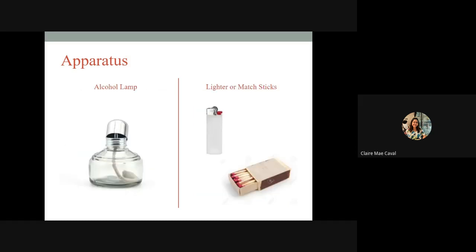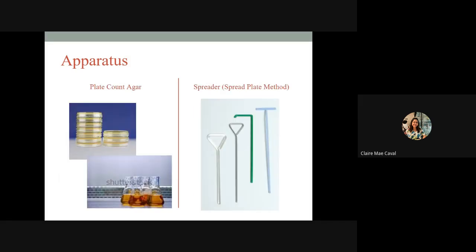Of course, an alcohol lamp, lighter or matchsticks. Of course, plate count agar too. This is the culture medium that you will use in the heterotrophic plate count method. Plate count agar, class, can actually be used in your spread plate and pour plate method.